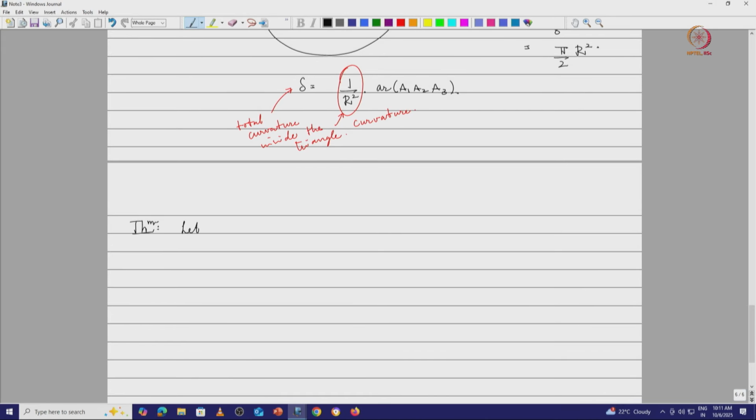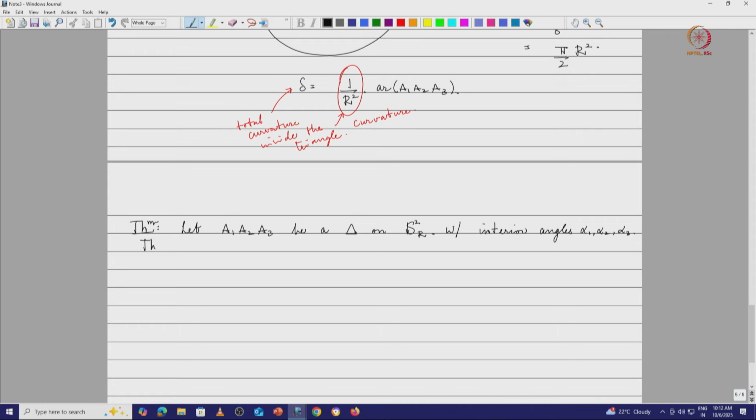So let A1, A2, A3 be a triangle on the sphere of radius r with interior angles alpha 1, alpha 2, alpha 3.